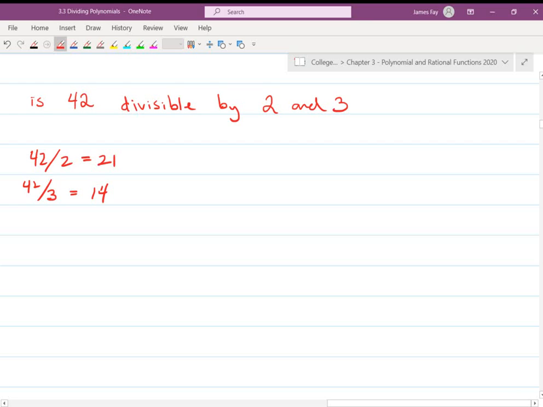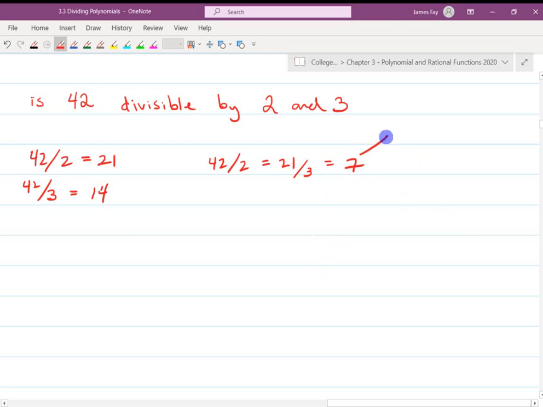Okay, so that would be it. Yes, it does. But could I also do this? Could I say, is 42 divisible by 2 and 3 by doing it this way? 42 divided by 2 is 21, and then 21 divided by 3 gives me 7.